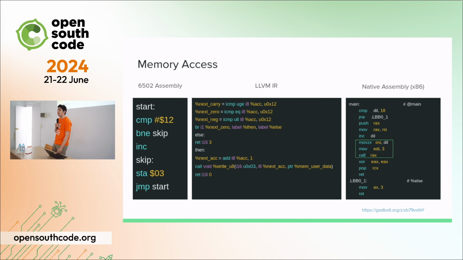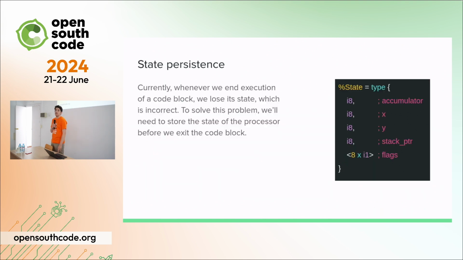The other big problem that we have with this current setup is that our emulator is not actually keeping track of the state of the CPU. It just has an initial CPU state, and then when it's done, it doesn't update it, it doesn't do anything. So if we were to run the example code before, nothing would actually change, and we would have just written a fancy infinite loop, which is not what we want to do.